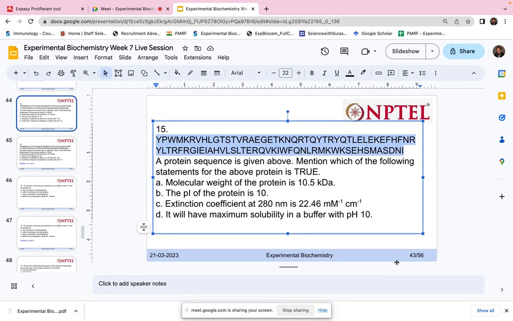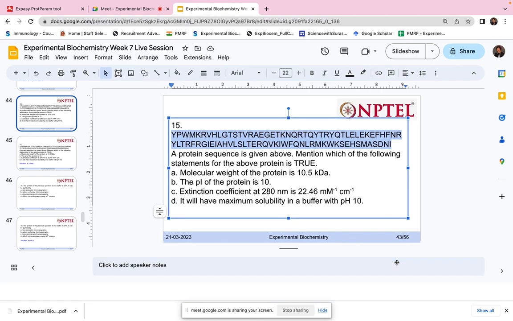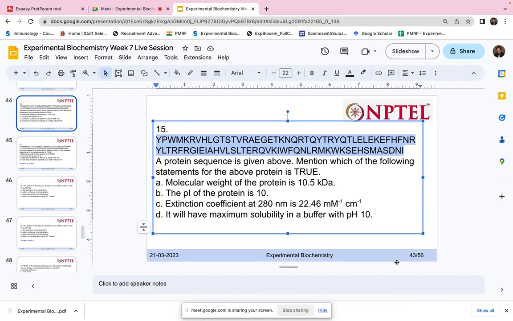So if the theoretical pI is 10, then the protein will be least soluble in this pH 10 buffer. So that is why this option is not correct, that it has maximum solubility. It is not correct, because its pI is also 10. So at pH 10 it will be least soluble, if you have seen the pH with respect to solubility graph. Therefore options A, B and C will be the correct options.